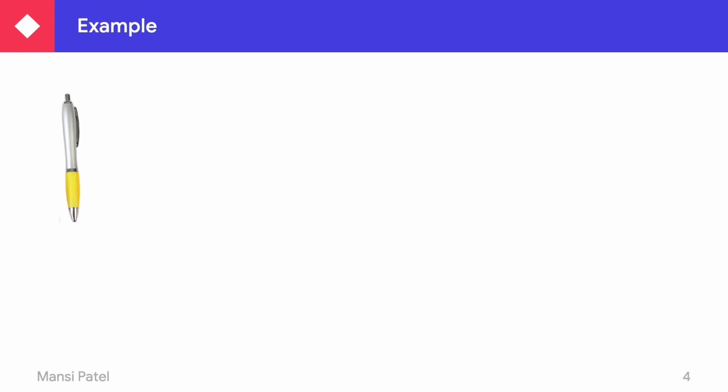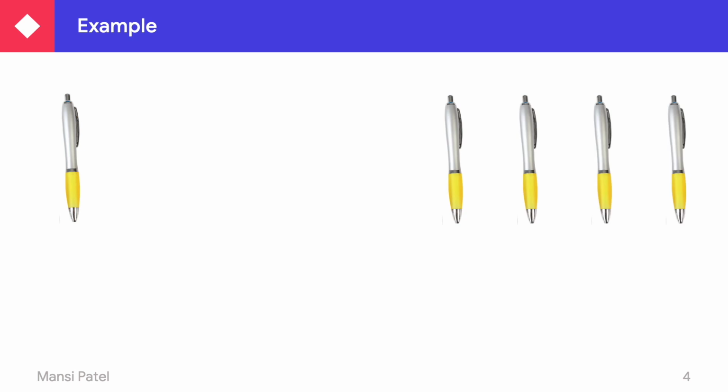Here, as you know already, the cost of one ball pen is rupees 10. From this one ball pen, you have to find out the cost of four ball pens. Now, the things which are given you write on the left hand side, and the things which you have to find out you write on the right hand side.